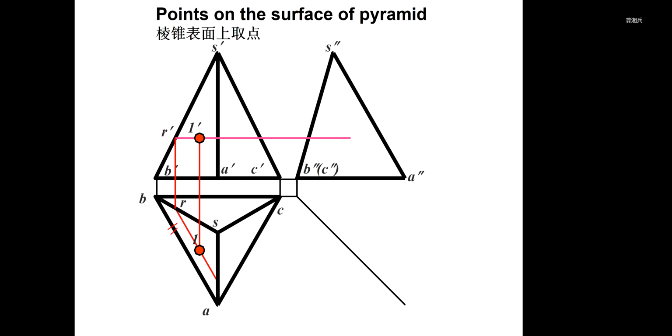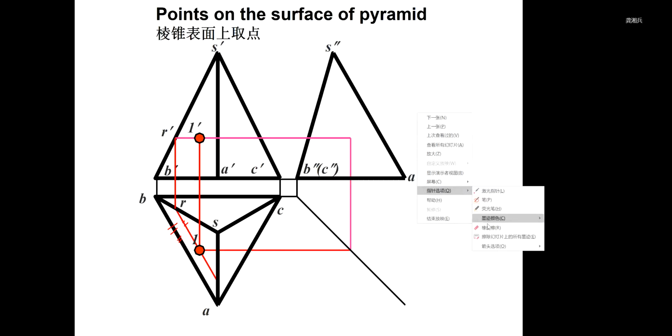The line should be parallel to this line. Because point 1 should be on the line here, point 1 should be there. Then you use the auxiliary line here, and you get the answer. So this is one method.